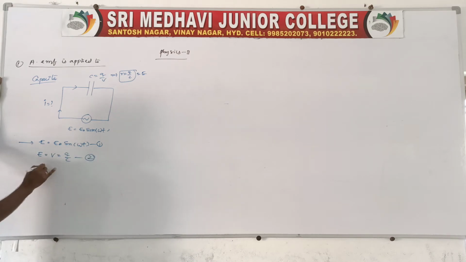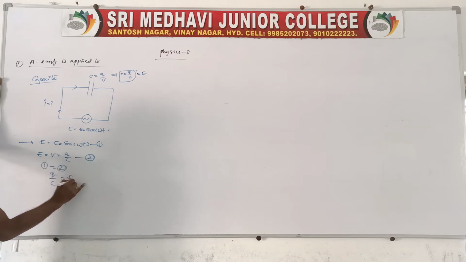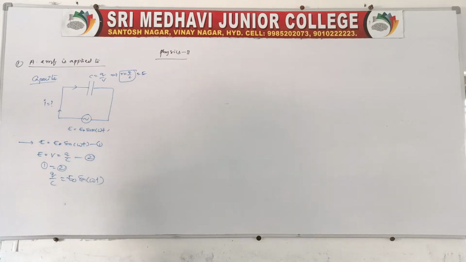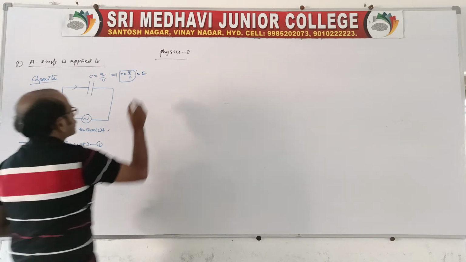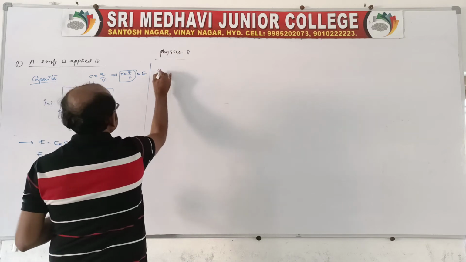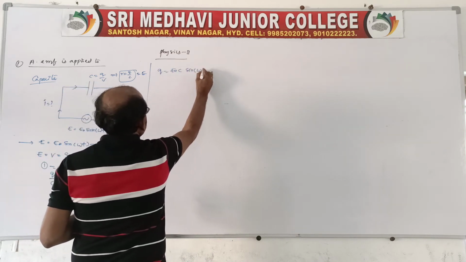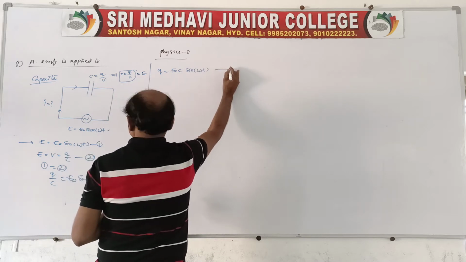Now equate these two: Q by C is equal to E naught sin omega t. Clear? Now Q is equal to E naught C into sin omega t. This is the expression, say equation 3.